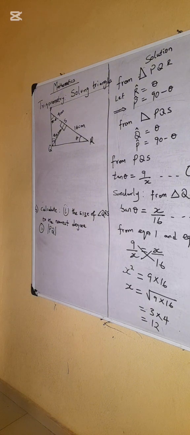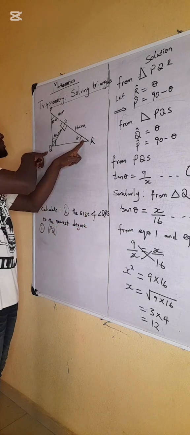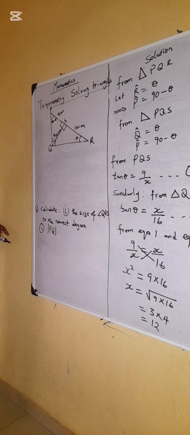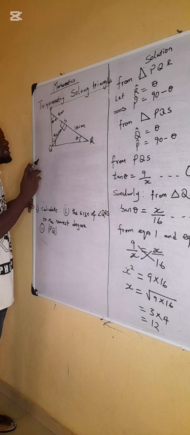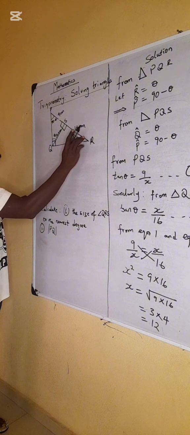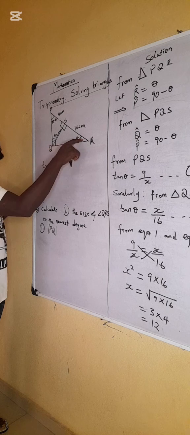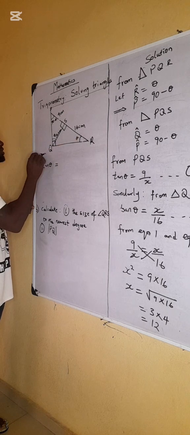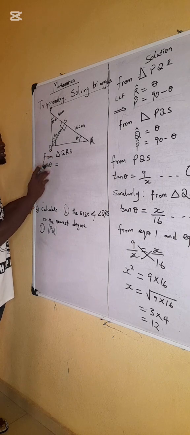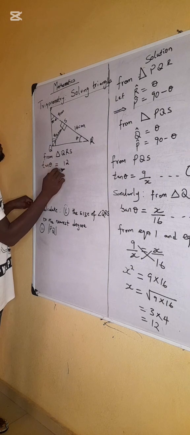The next question says calculate the angle QRS, which is this angle here, the angle I called theta. Since we already know X, we can get it from tan theta. From triangle QRS, tan theta, which is the angle at R, is equal to X, which is now 12, over 16.